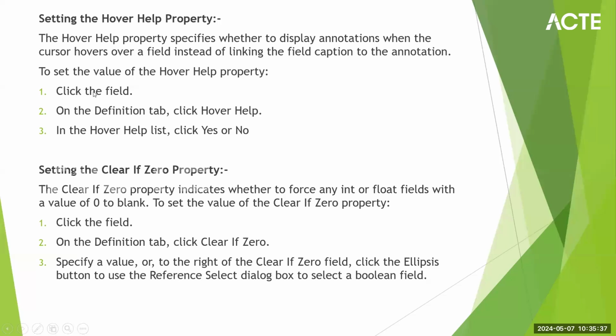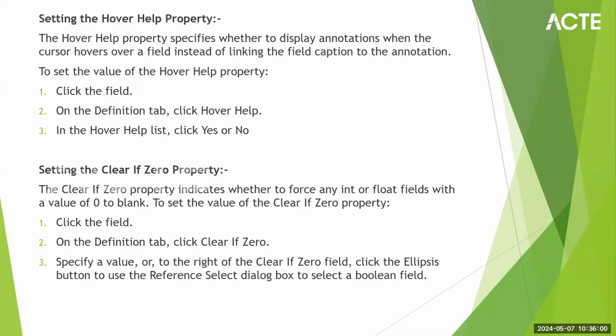Only when I keep the mouse on that particular field or button, then I can see the fields below. When I move to some other place other than that field, those details will be hidden.